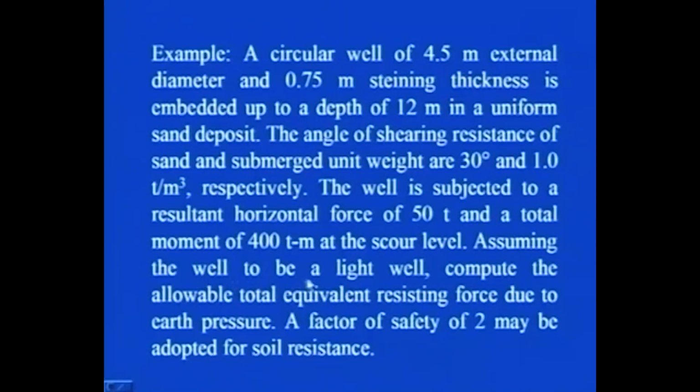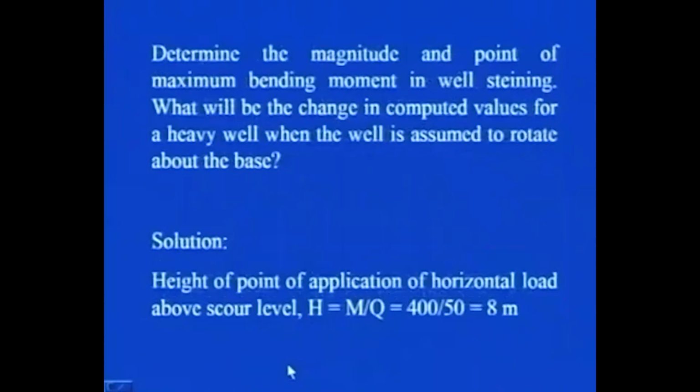Assuming the well to be a light well, compute the allowable total equivalent resistance force due to earth pressure, and for this a factor of safety of 2 may be adopted for soil resistance. Further, determine the magnitude and point of maximum bending moment in well steining.